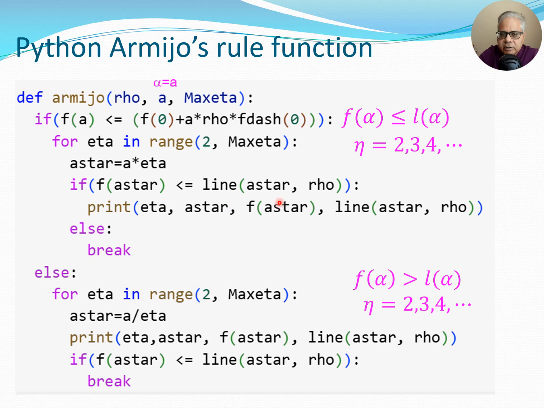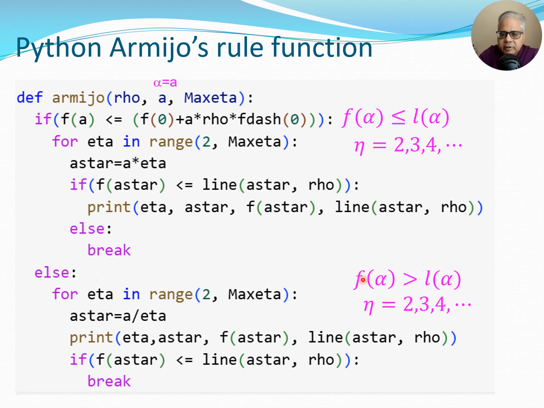If the function is below the line, it's going to print out all these values, for example a star, the value of the function, the value of the line, else it is going to break. So the moment you encounter a situation where this is not satisfied, you will break out, and the previous value is going to be stored or printed out as a star.